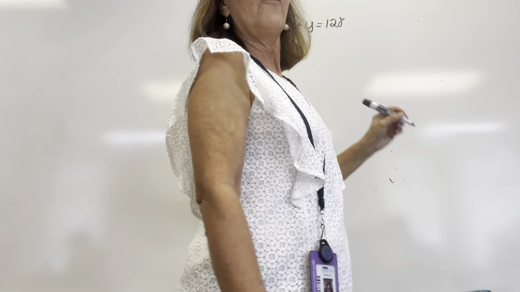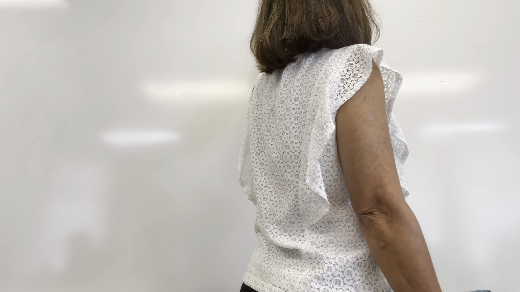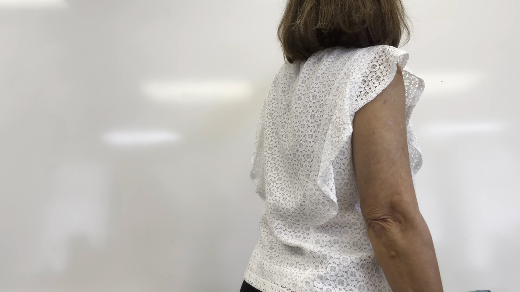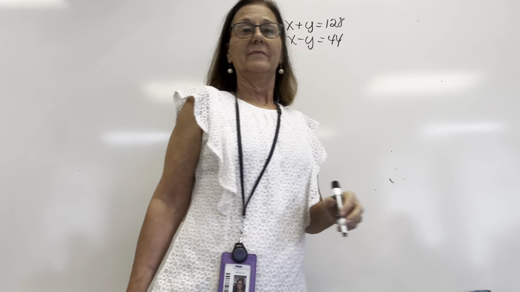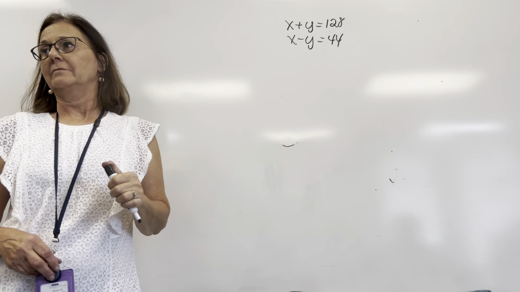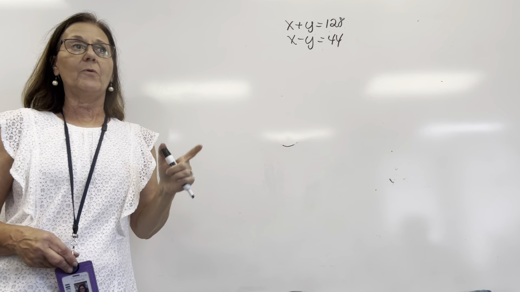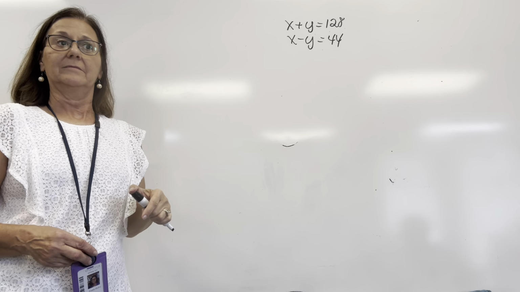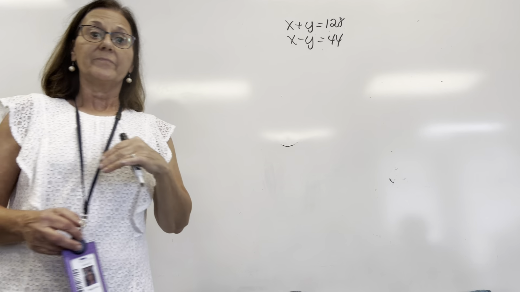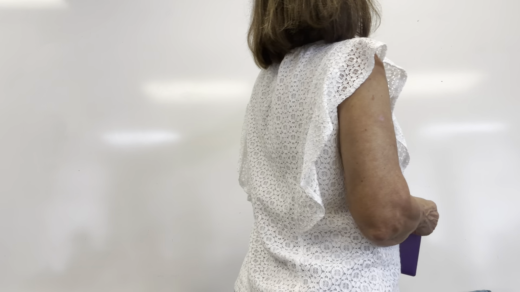And their difference is 44. What am I going to write? Okay. Always when this is the case, I'm always going to use elimination, because the variable y is going to eliminate, when one equation is the sum and the other equation is the difference.